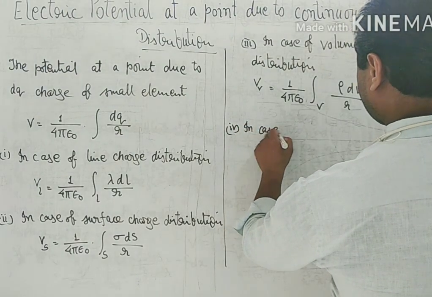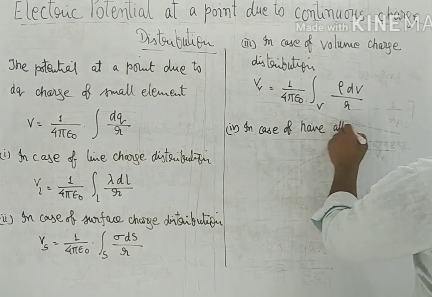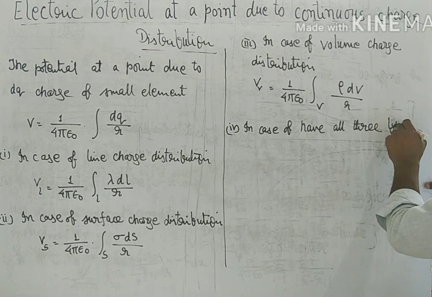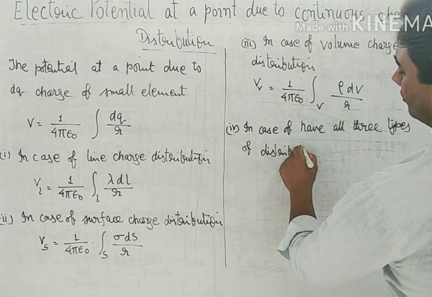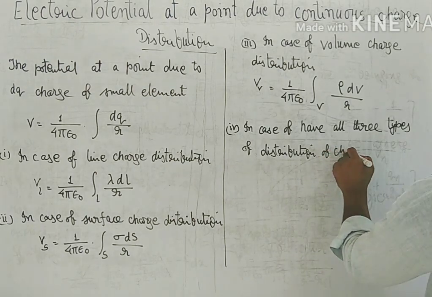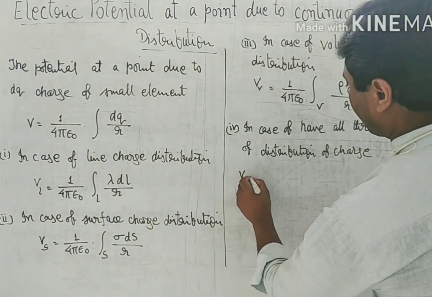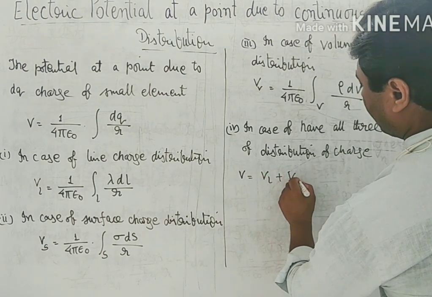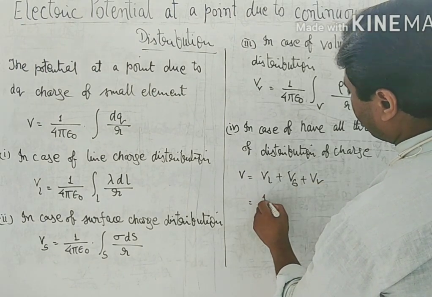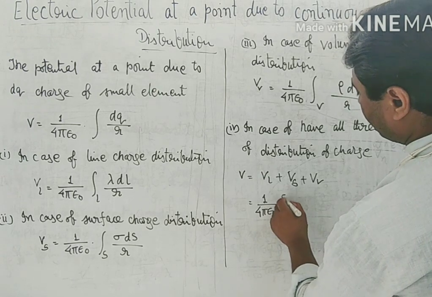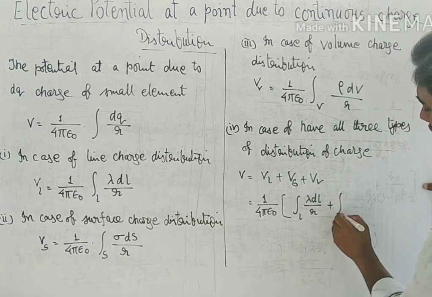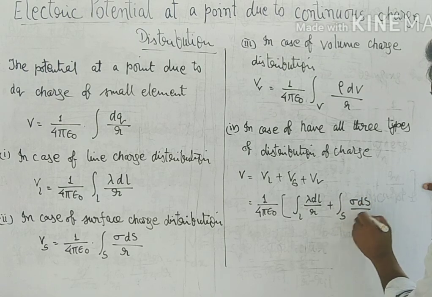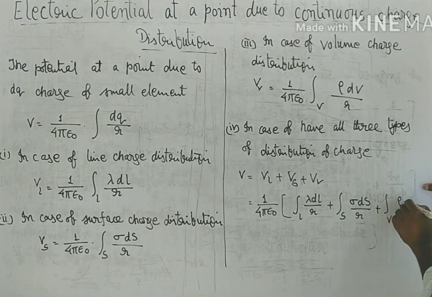In case of having all three types of distribution of charge simultaneously, the potential can be the sum, that is VL plus Vs plus Vv, and here we have 1 upon 4 pi epsilon naught as common, and inside you can write integral over L lambda dl upon R plus integral over S sigma ds upon R plus integral over V rho dV upon R.